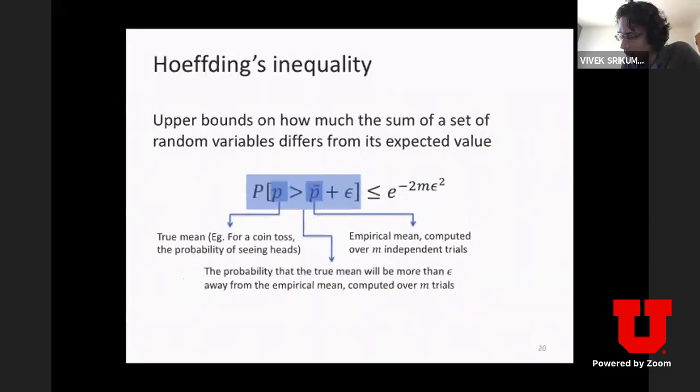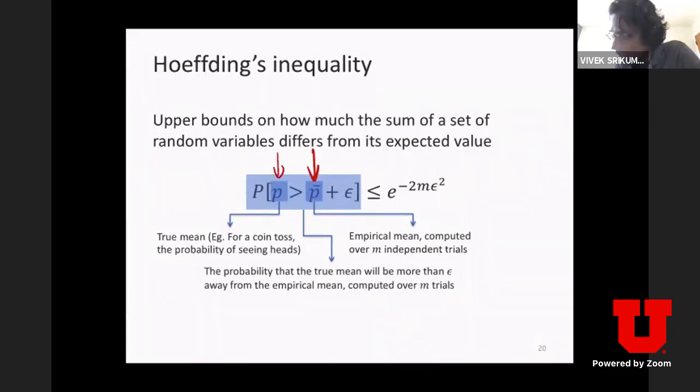What this tells us is that the empirical mean over m trials is going to very rapidly approach the true mean, and the true mean will not be more than epsilon away.